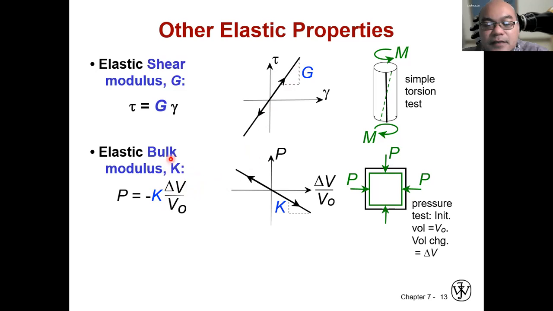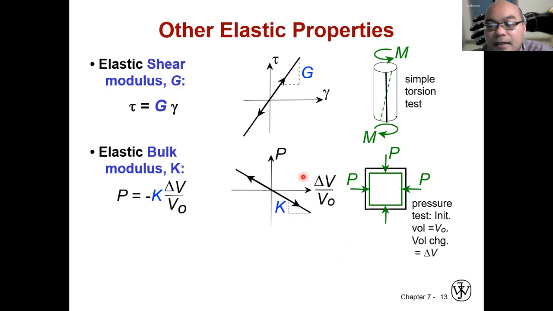The P here represents pressure, especially hydrostatic pressure, where the pressure comes from all directions. So P is related to delta V over V0, which is normalized again, so this is also a dimensionless parameter. And the gradient will be minus K.